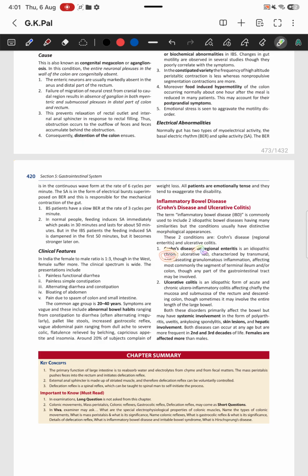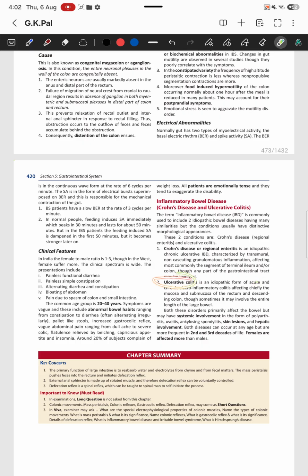It is an idiopathic, chronic and ulcerative IBD, characterized by transmural and non-caseating granulomatous inflammation, giving a cobblestone-like feature, most commonly affecting the terminal ileum or colon, though any part of the gastrointestinal tract can be affected.